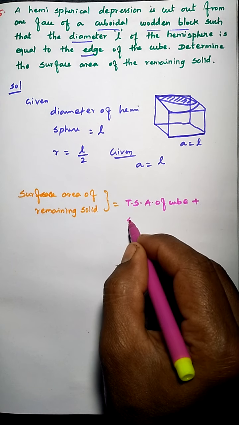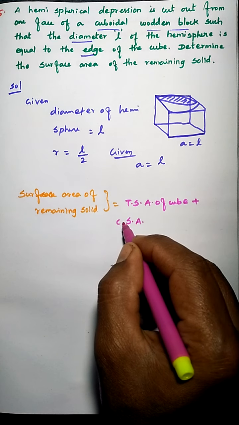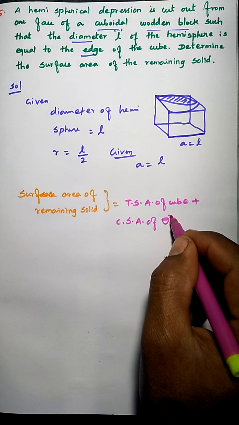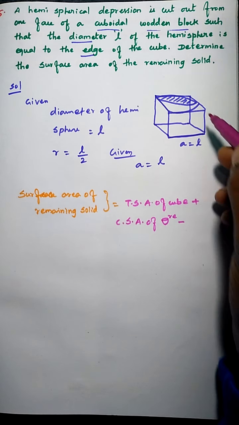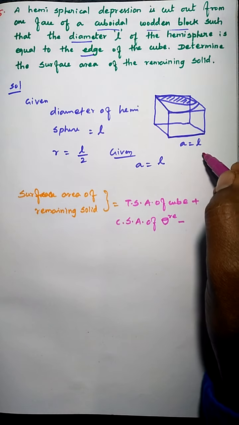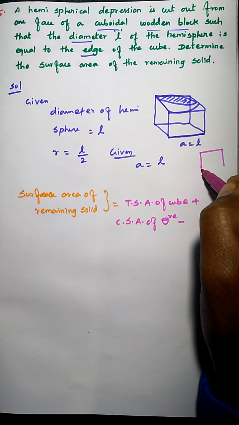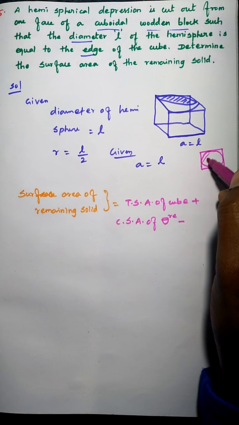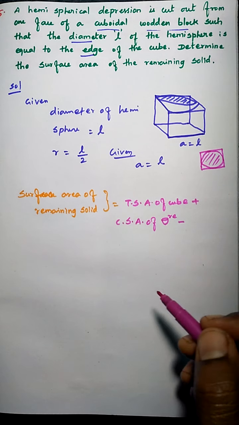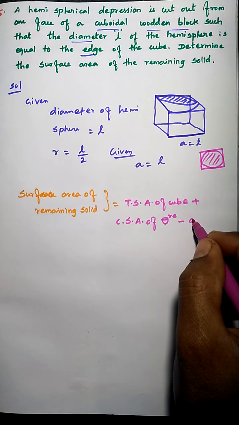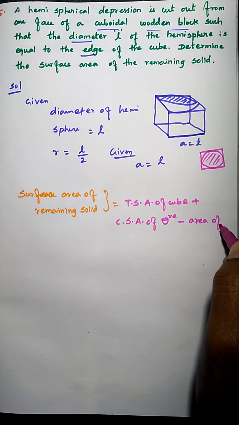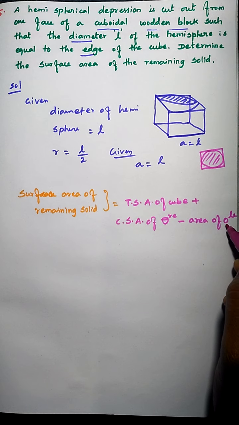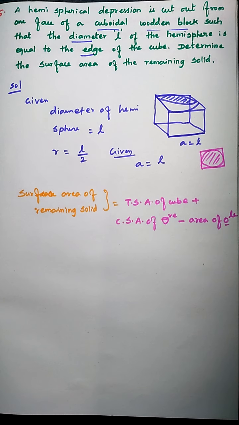So surface area means you take the curved surface area of the hemisphere minus one circle, because the top of this cube will be like this. In this the hemispherical part is depressed, so the top portion, the circle, should be removed. So minus area of the circle, you can use the short form.